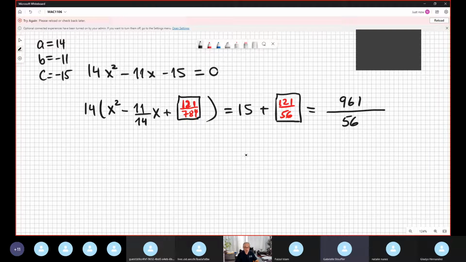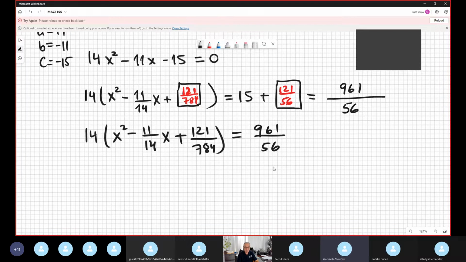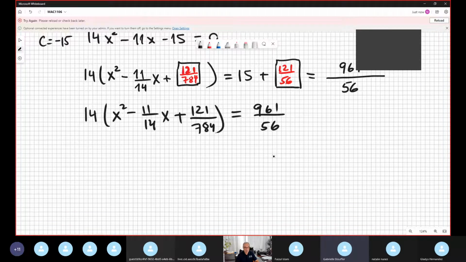Okay, ready. Now, let me copy my equation. So far it is 14 times x squared minus 11 over 14 x plus 121 over 784 is equal to 961 divided by 56. What is the next step? Well, the next step is to divide everything by 14 because I want to eliminate this.